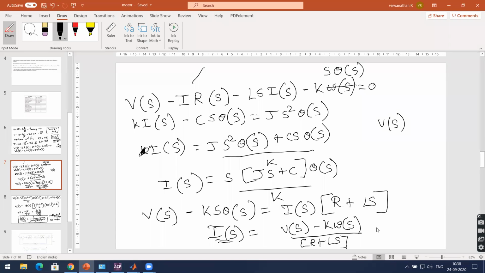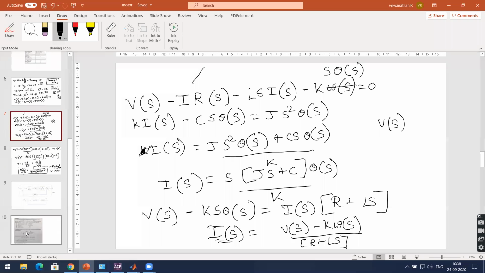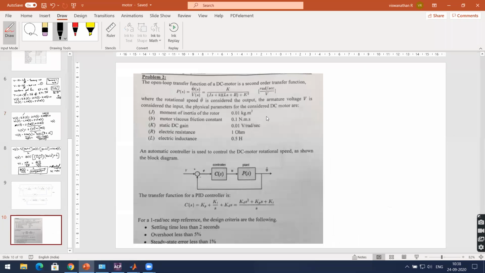So if you take it over here, it is 1 divided by R plus Ls. This 1 divided by R plus Ls, I'll take in the transfer function. Here there is a numerical, where it's the same transfer function you saw previously.